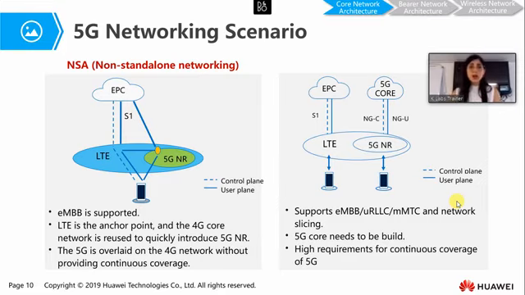We are going to describe the differences between non-standalone networking and standalone networking. To do this, I'm going to use the whiteboard so we can make some examples. So I'm going to change my screen so we can use the whiteboard.